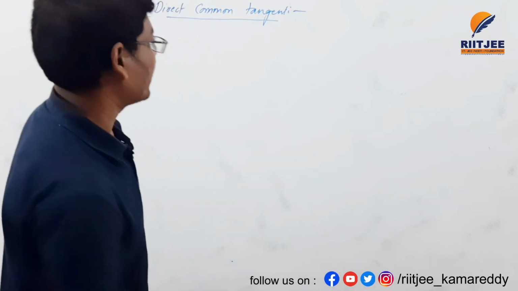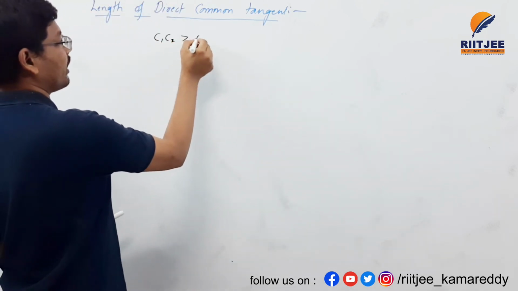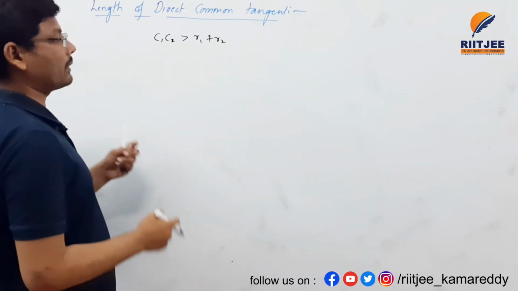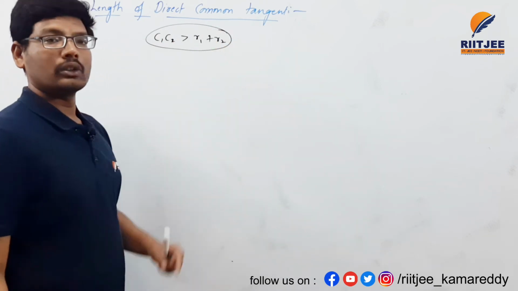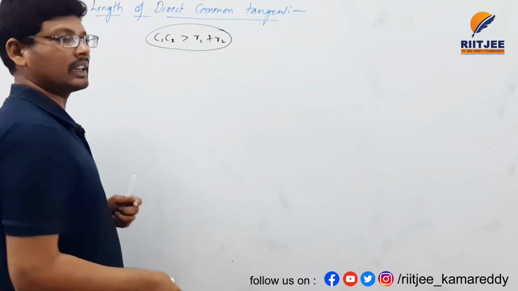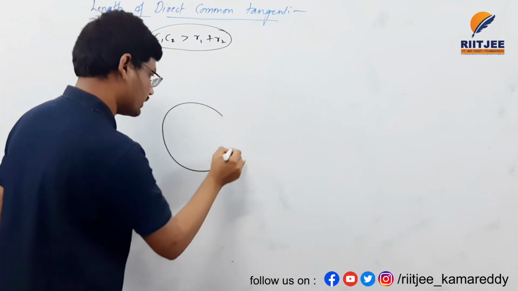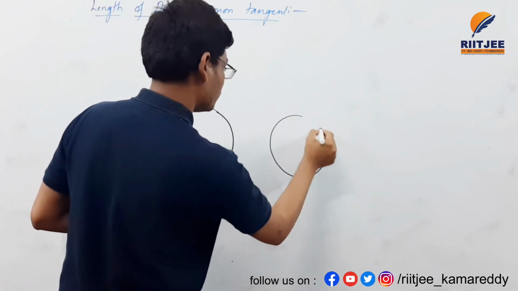Listen carefully. I am taking the condition C1C2 is greater than R1 + R2. Then two types of tangents are possible, transversal and direct common tangents. Here this is one circle, and this is one more circle.